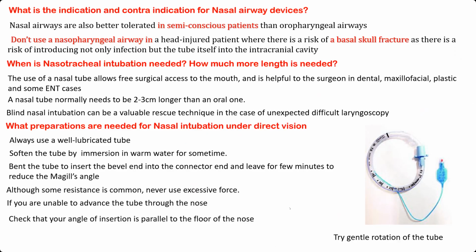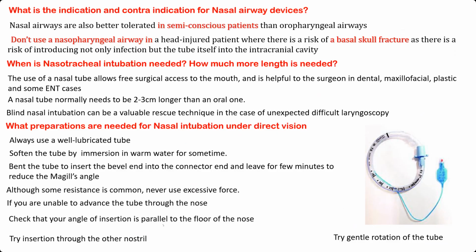These are all the techniques to use when you want to do a nasal intubation. So lubrication, warming the plastic tube so that it becomes a little softer, then increasing the curvature by bending the tube, then selecting the patent nostril, and then inserting the tube gently without force.